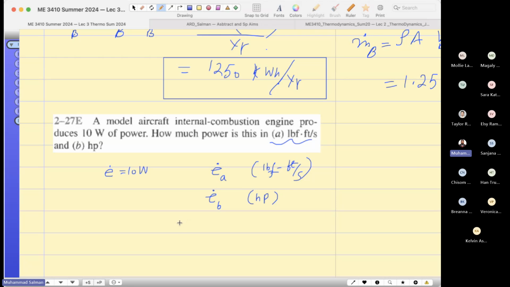So how do you be consistent in the units? Let me show you how you go from watts to foot pound per second. 1 BTU per second is 1055 watts.